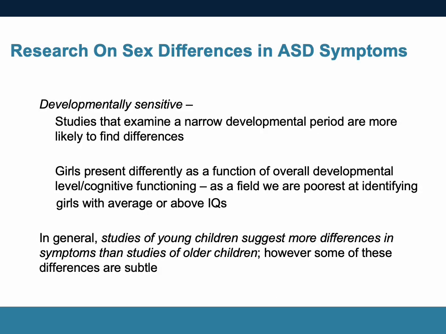So in general, the better research in the field is developmentally sensitive. We have several studies, for example, that instead of including anybody from the age of 4 to 25 and looking at symptom differences between males and females, those studies are only broadly helpful. We have several studies that look just at 2-year-olds or look at just 3 to 5-year-olds.